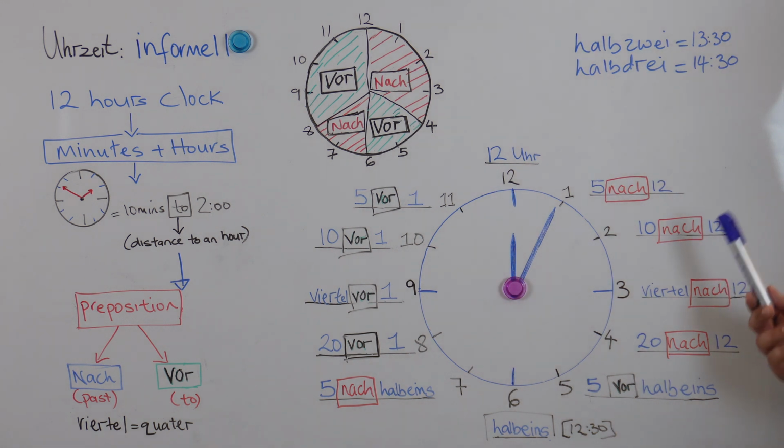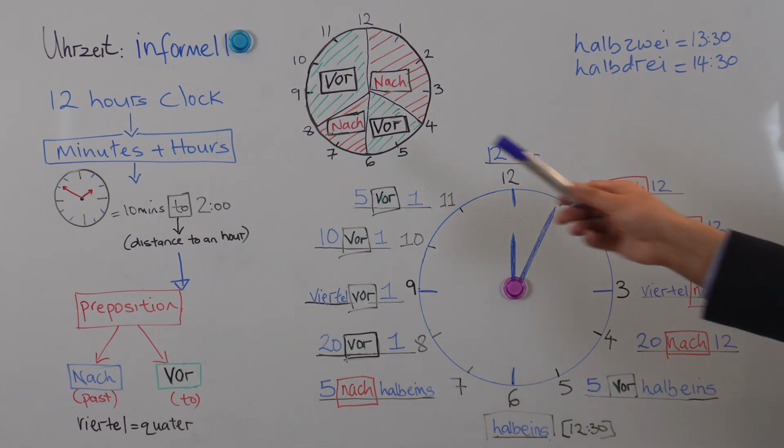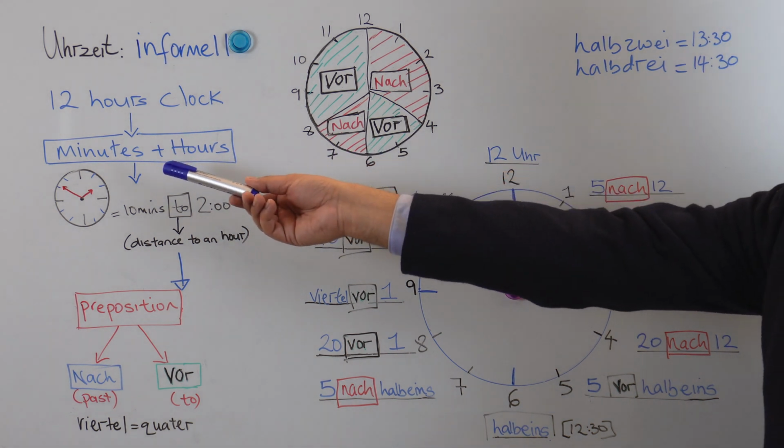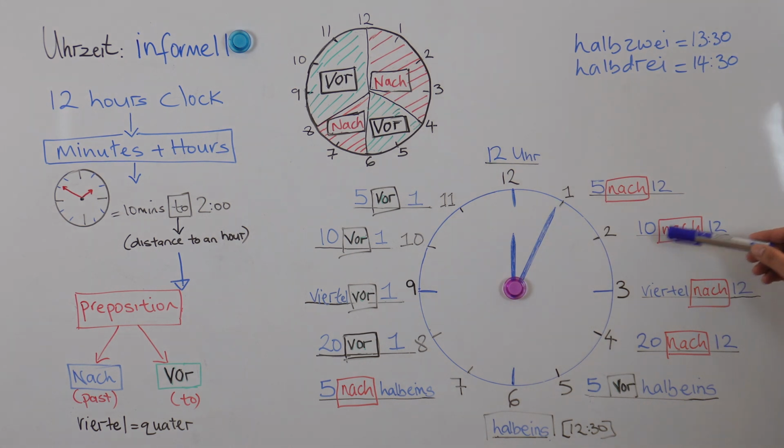That means after 12 o'clock, 10 minutes have passed away. So, 10 past 12, 10 nach 12. Always remember that you tell the minutes before the hours. Just from this rule, you tell the minutes before the hours.